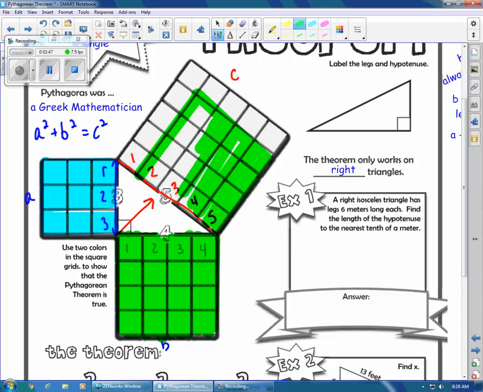So that's my B side taking up that space. And then the remainder, I'm going to see if I've got 9 of them, and that's going to represent my A side. So there's 1, 2, 3, 4, 5, 6, 7, 8, 9. Perfect.